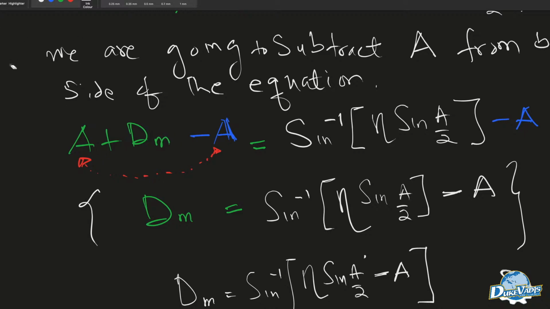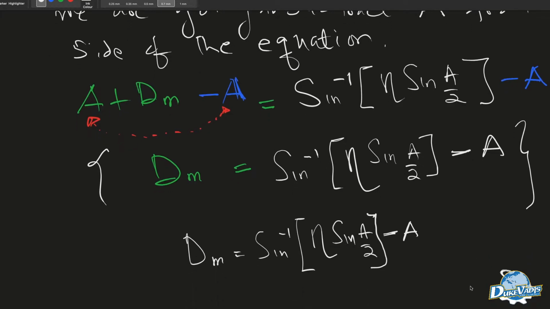So this is the whole equation that we're supposed to get: sine inverse of that, minus A.